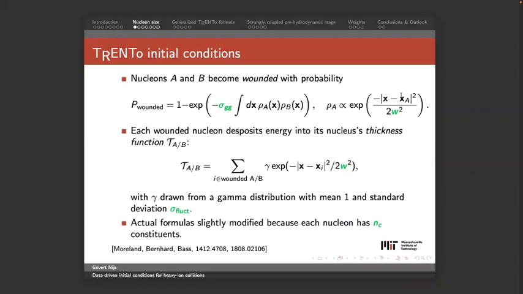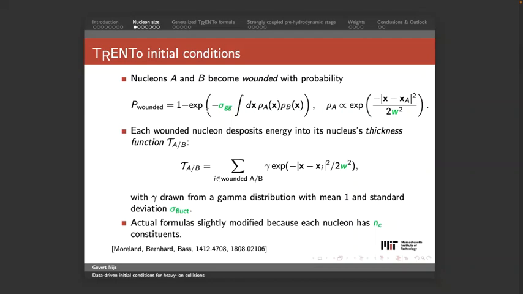That's where the structure comes in. And then you compute these density functions, where the width comes in, and then you make these nucleons wounded with a probability equal to this, where sigma GG is tuned to reproduce the proton-proton cross-section.